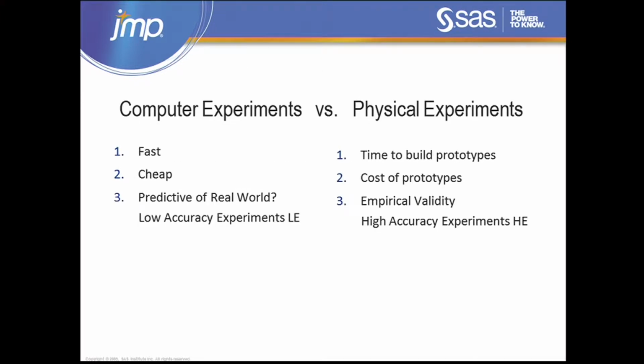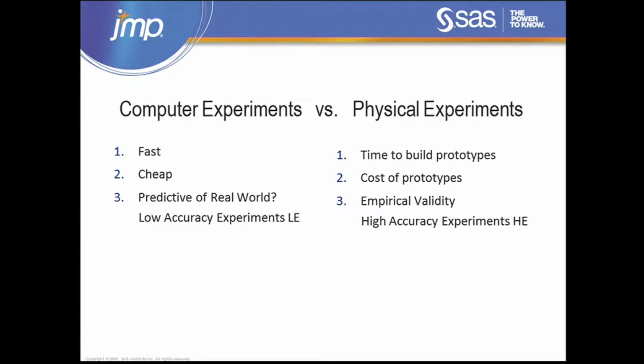So I talked about already briefly about the fact that computer experiments and physical experiments are different. Computer experiments are comparatively fast because they don't involve physical setup, although even though they're fast, it often takes a substantial amount of computer time to do one run.